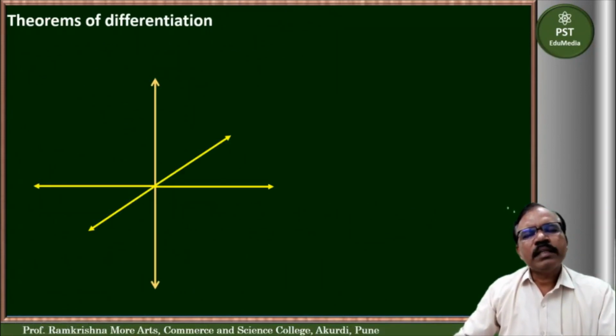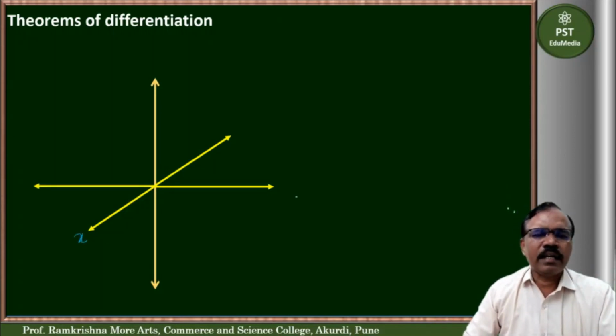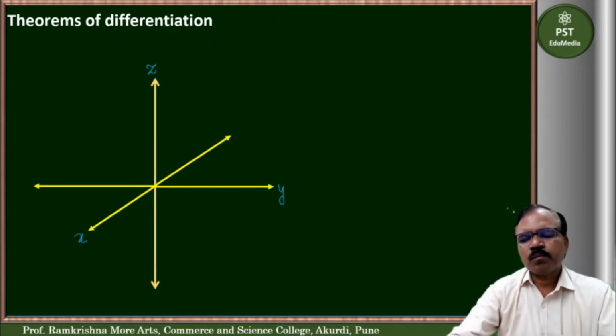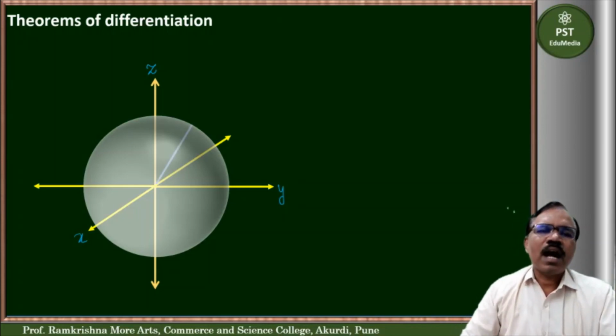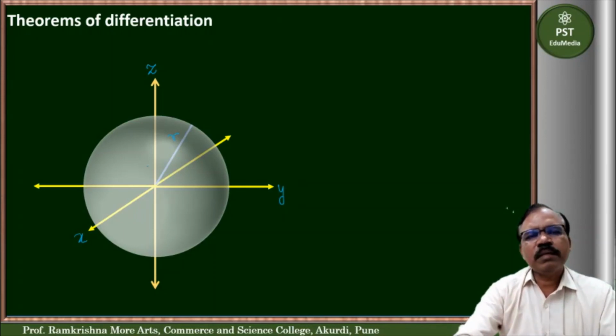Now let us take the x, y, z coordinate system. This axis I can take as x, this as y, and this as z. Suppose we draw a three-dimensional surface, a spherical surface here, and suppose r is the radius of that spherical surface. So what is the equation of this spherical surface?